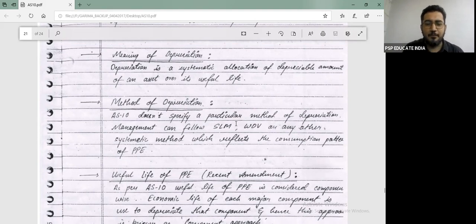Right, so again, method of depreciation, accounting standard 10 does not specify a particular method of depreciation. Management can follow SLM or WDV or any other systematic allocation which reflects the consumption pattern of the property, plant and equipment. Are you getting it? This is your method of depreciation.